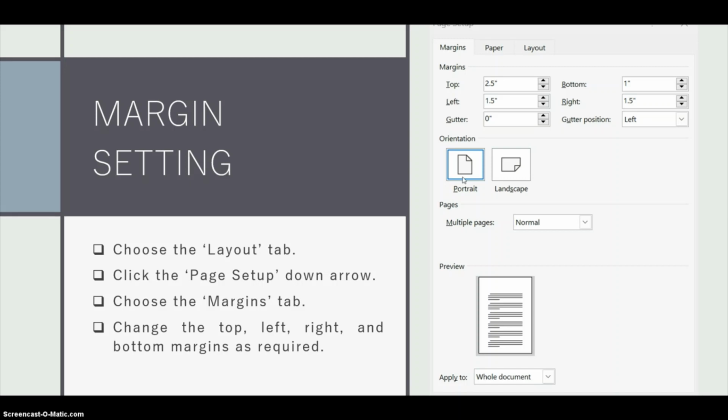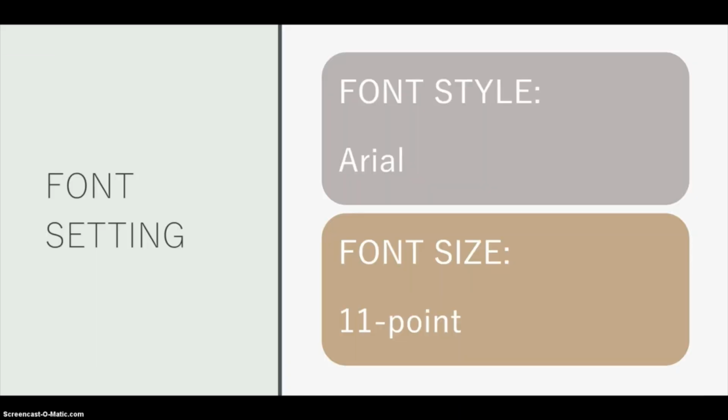If your letter falls to a second page, you have to adjust the margin accordingly. For example, you might have to adjust the left and right margin, or the top margin, or the bottom margin. For the font style, we will use Arial font size 11.